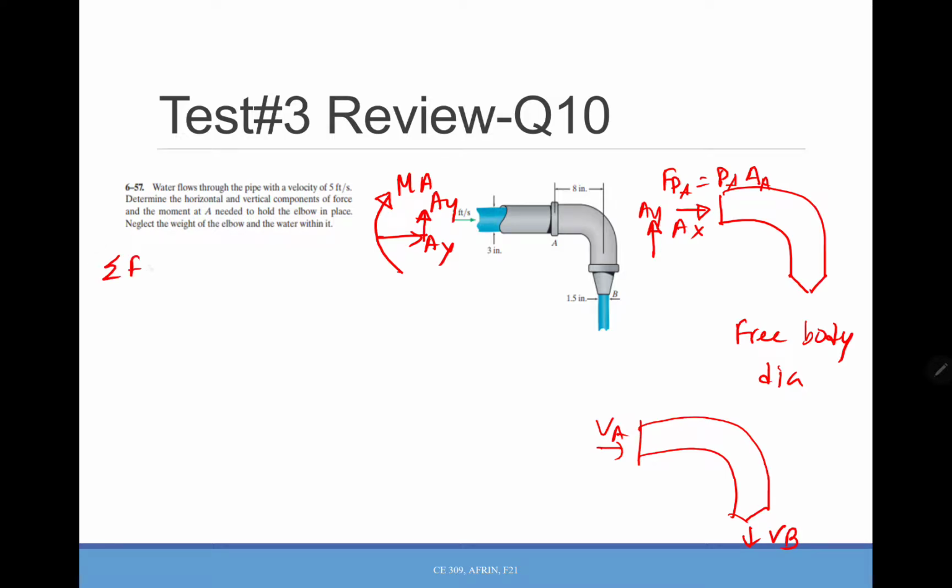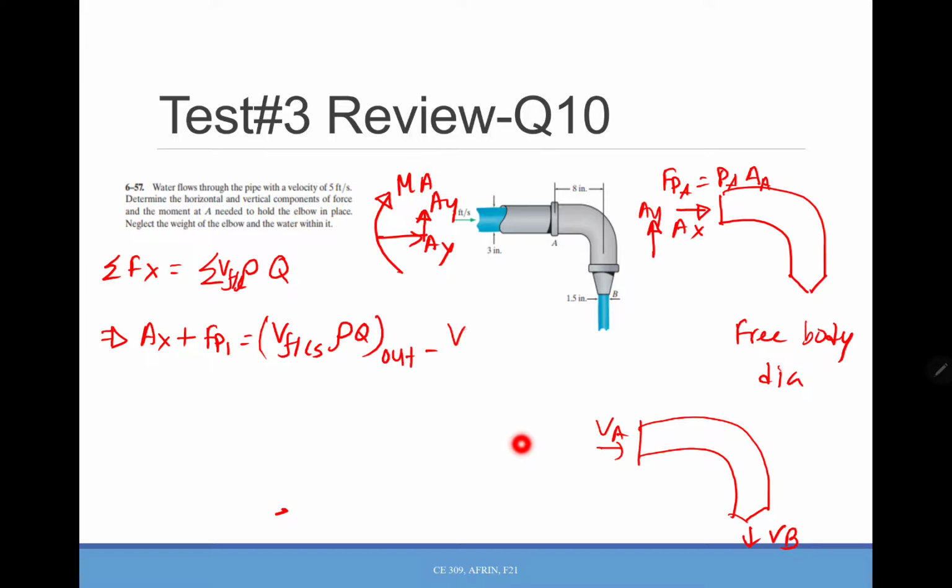So you can calculate Fx here, and for Fx you have only AX and the pressure force PA AA, so AX plus FP1 equals this one. For AY, you have only AY, nothing else.